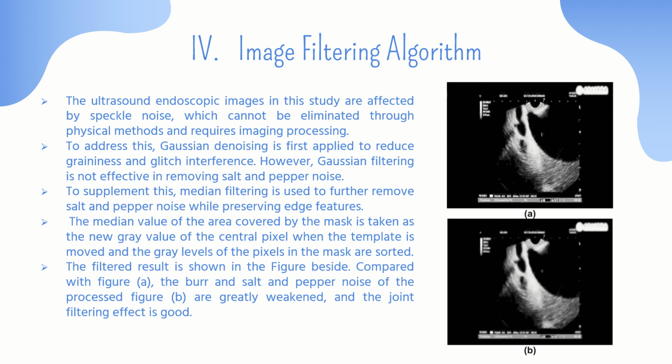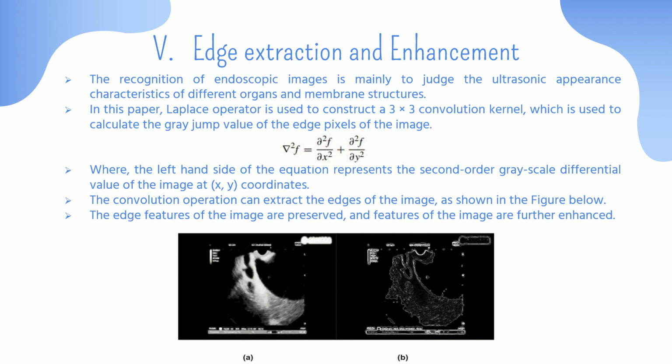So you can see the filtered result in the diagram alongside. Compared with image A, the blur and salt and pepper noise of the processed image B are greatly weakened, and the joint filtering effect is also good.